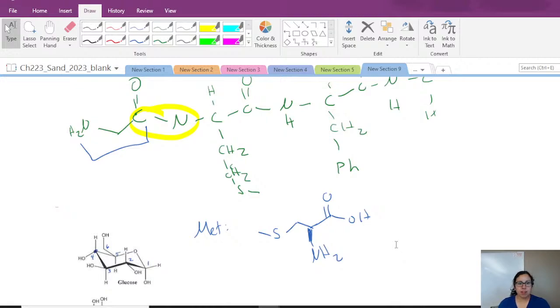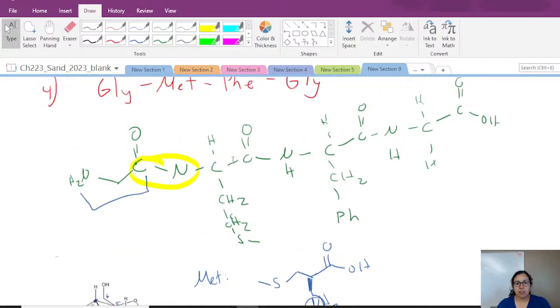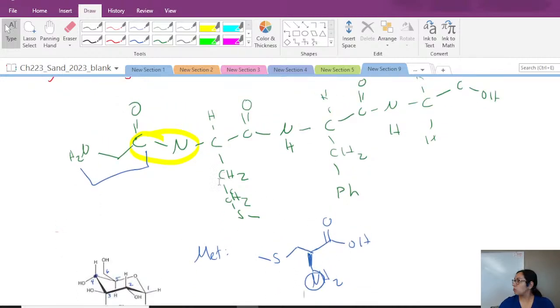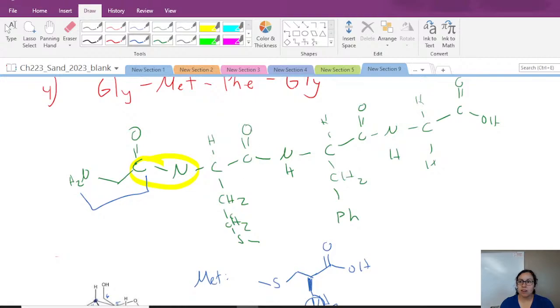When you're making that linkage, you have to attach it to that nitrogen. And so that's why I drew it more skeletal, so that you could just see where it's bonding to. And then I showed the CH, the two carbons, your S. If you want to draw it pretty, that's fine. But I was just trying to get the right number of carbons in there. Then there's your carboxylic acid from methionine.